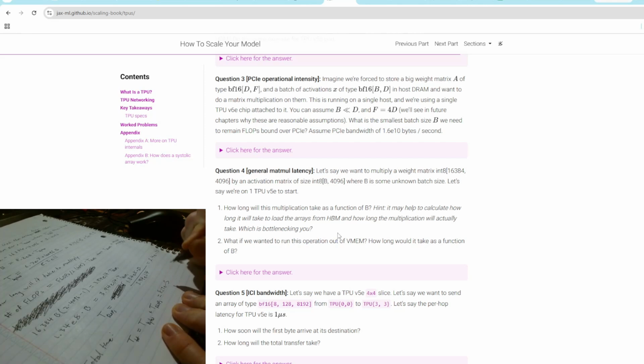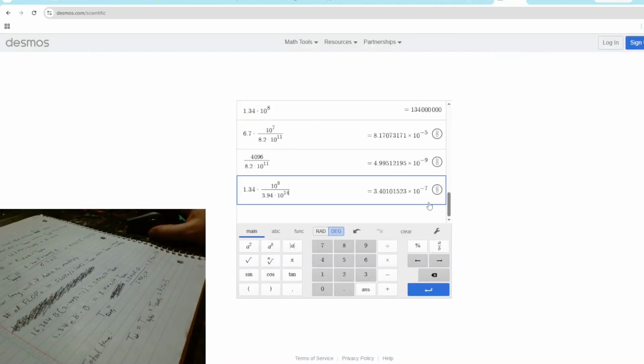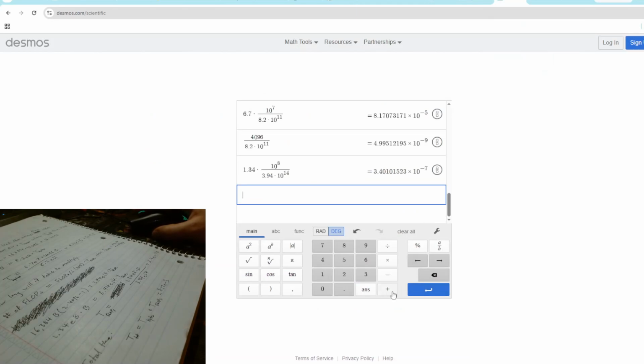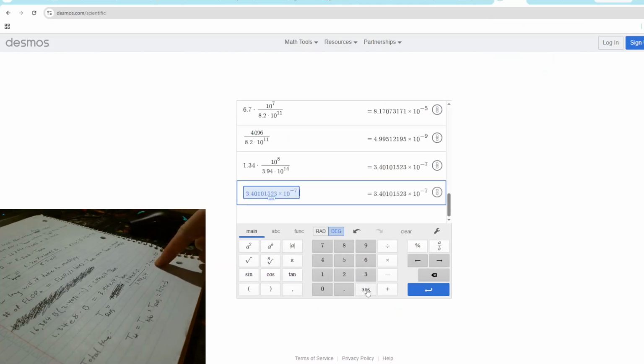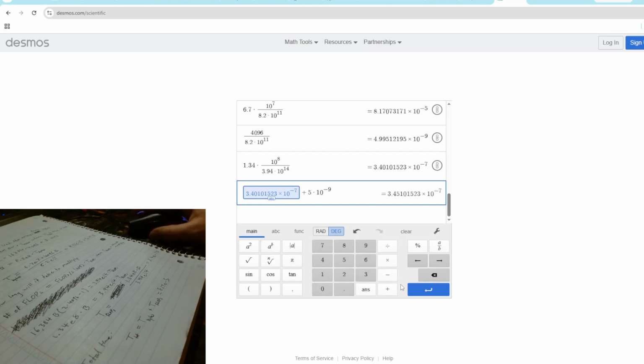8.17e negative 5, and then let's combine these two together. So what is that number? 3.4 plus, I want to combine it with this number up here, which is the 5e to the negative 9, 5 times 10 to the negative 9.